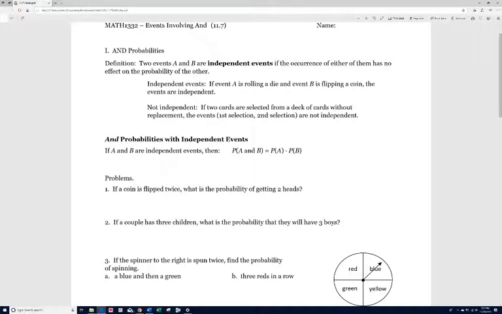You're still going to have a 50% chance of getting a heads or a tails. So neither event is affecting the probability of the other event.